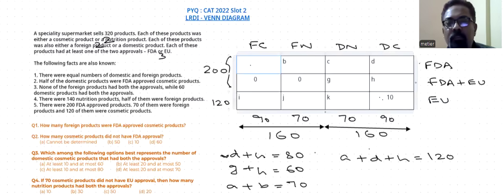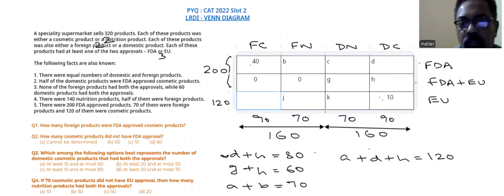Now we can say A will be 40. At the same moment, we can say the first column will sum up to 90. So if the first box will be 40, then the last box in the third row will be the rest of 90, that is 50. First column will sum up to 90, 40 is there in the first row, so 50 will be there in the third row.